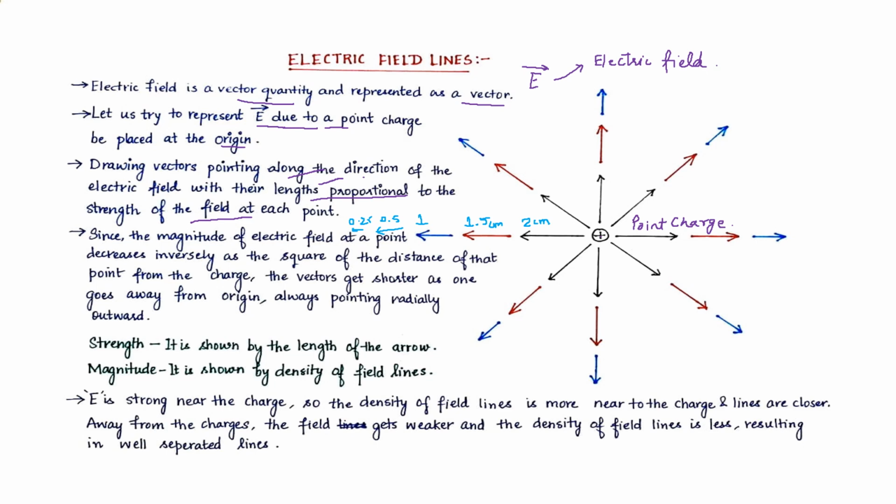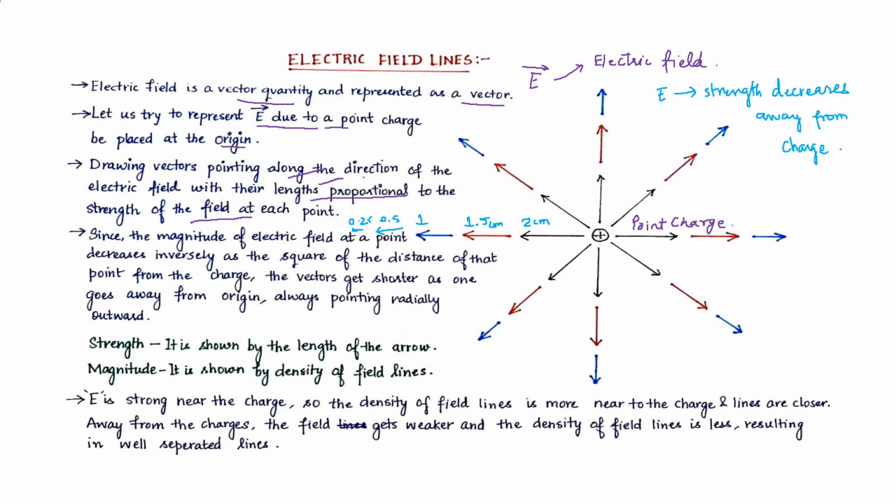So as we move away from our charge, the electric field strength decreases. I'll write over here: strength decreases away from charge.